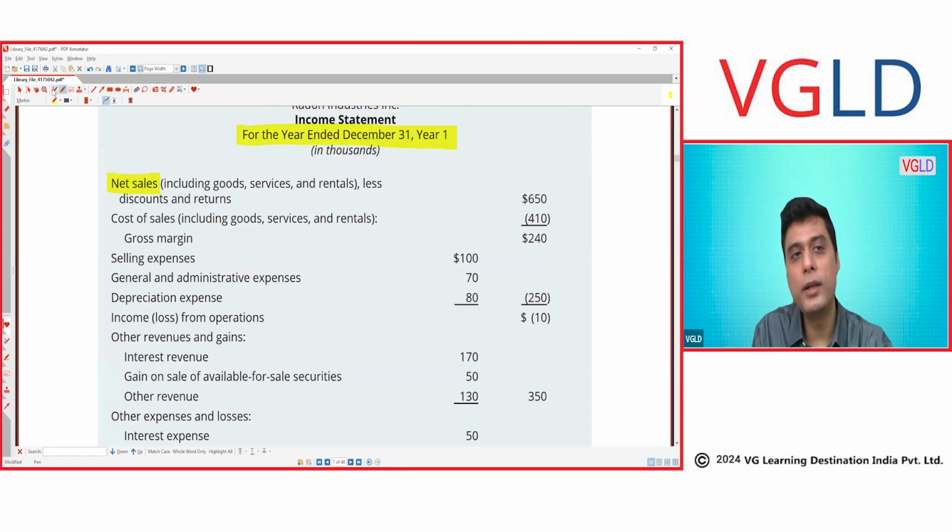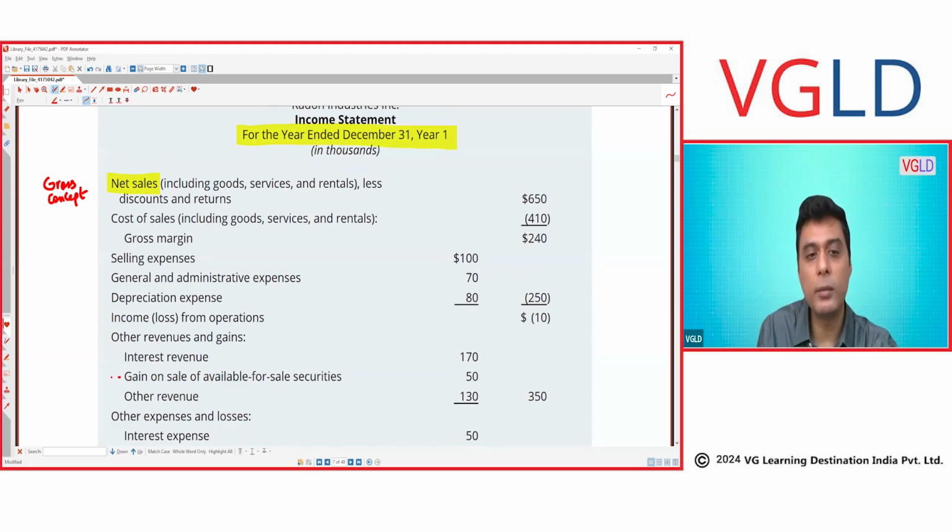Although we are using the word net, it comes under the gross concept. Remember, we just spoke about it: revenues and expenses are shown gross, gains and losses are shown net. This gain over here is a net amount, because the sale proceeds minus the net book value of that item is the gain.